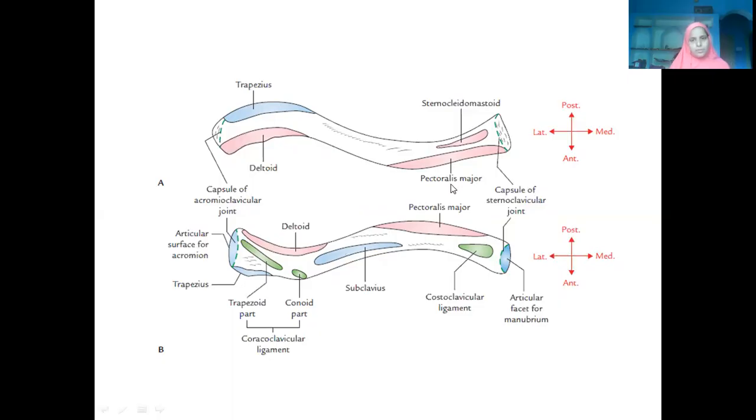So you find the origin of pectoralis major. And what muscle is this which is running like this? Sternocleidomastoid, isn't it? The superior aspect of the medial part of the clavicle gives attachment to the origin of the sternocleidomastoid. Anteriorly, the anterior aspect of the clavicle in its medial 1/3 part gives origin to pectoralis major.